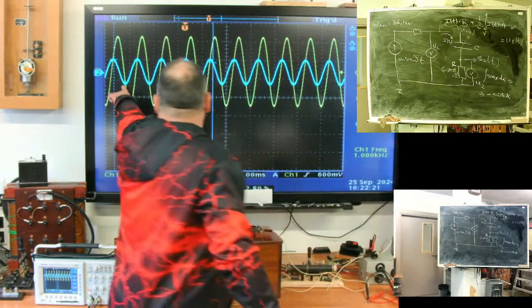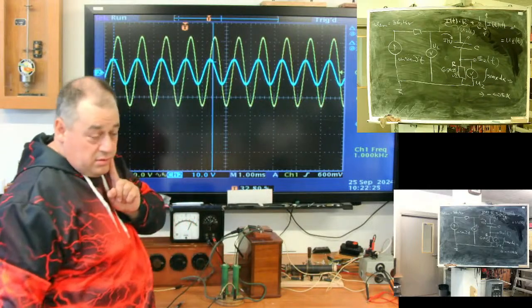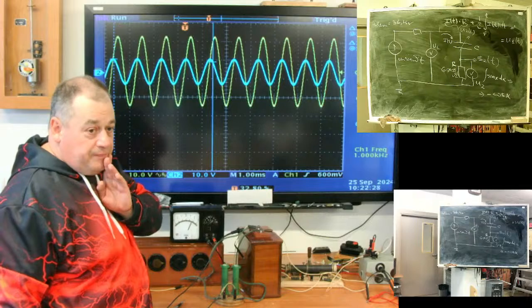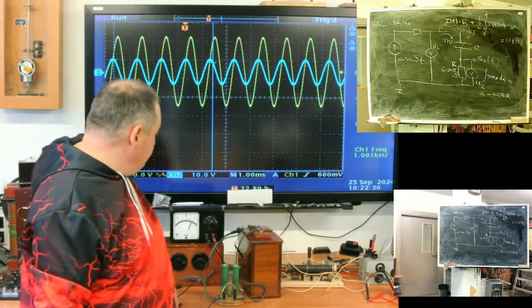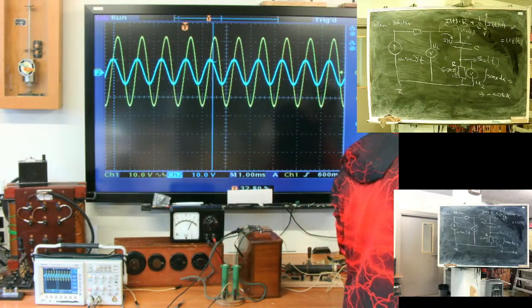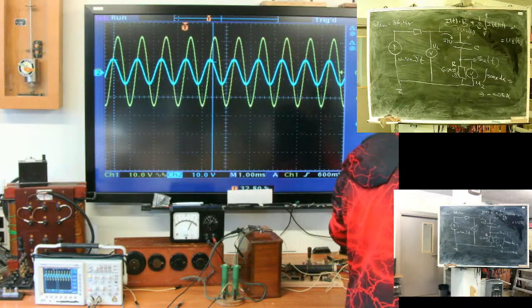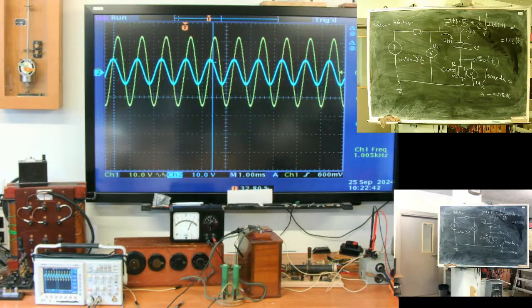And we see, you see, this 90 degrees shift. What to do? Where to run? And why voltage increases? Okay.